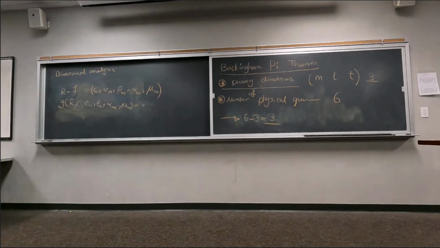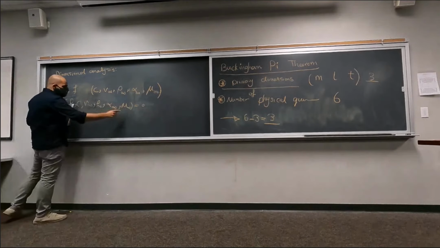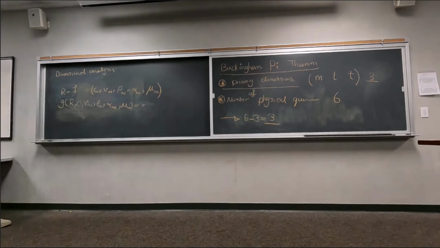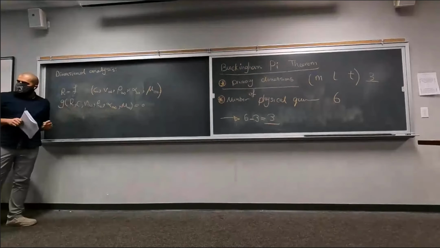You take these 3 and you assume each of these 3 is going to be present in only one dimensionless parameter. Does that make sense? Does everyone follow? No. One of these 3.